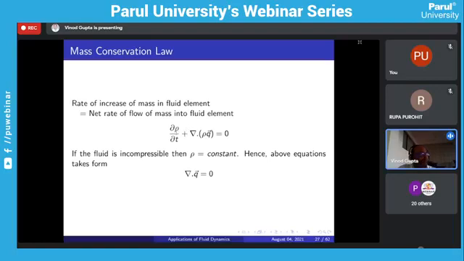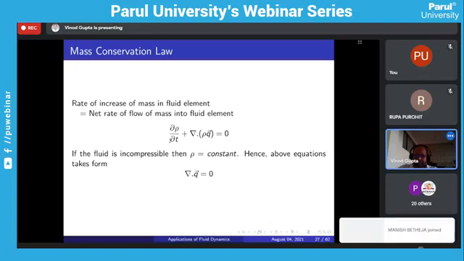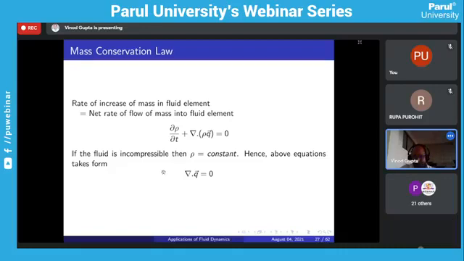Gases are compressible because when you increase the temperature, the density changes. If you assume the fluid is incompressible, then rho will be treated as a constant because there is no variation in density, and your equation turns out to be del dot Q equal to 0. That is, the divergence of vector Q is 0, right? So that is the mass conservation law.